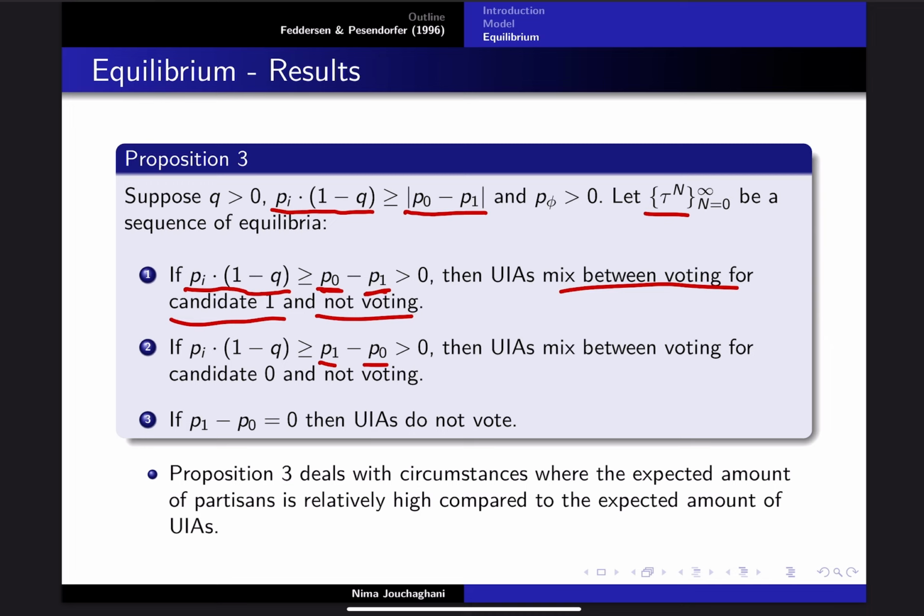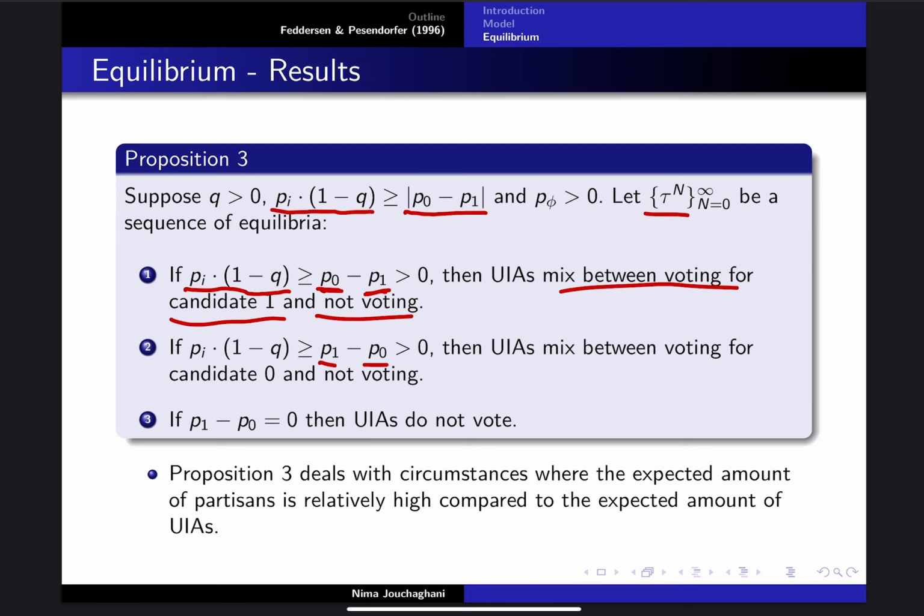And the reason why they're mixing here is that they want to partially offset the 0 partisans, which are simply voting for candidate 0 independent of what happens. But since there are a lot of uninformed independent agents, they still want to make sure that they do not vote for one candidate too much, because then they could determine the outcome of the election, but they still want the informed independent agents to determine the outcome.